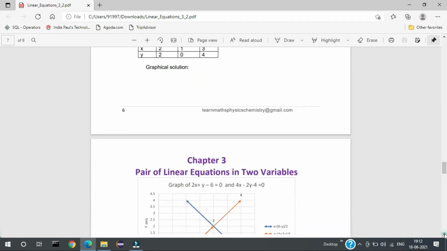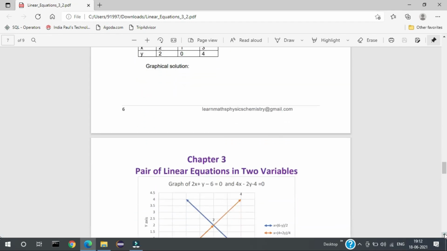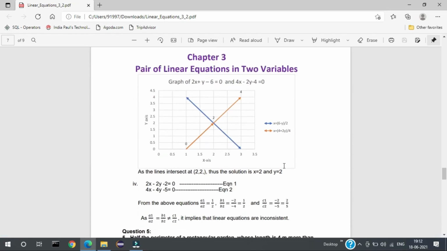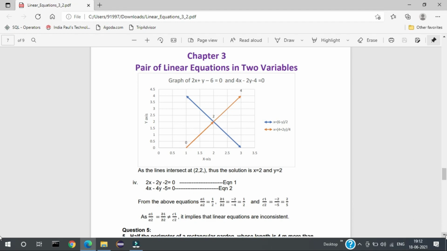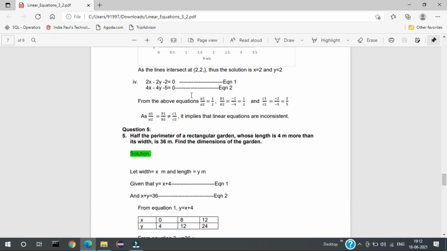Graphical solution: these two lines are intersecting at x axis 2, y axis 2. As the lines intersect at (2, 2), the solution is x equals 2 and y equals 2.